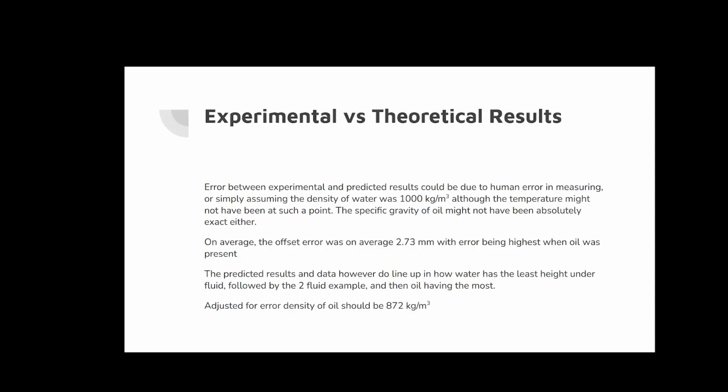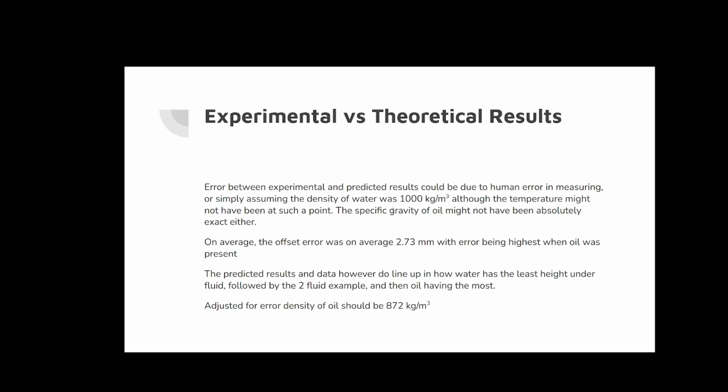Alright. So, we have a bit of error between our experimental results and predicted results. This could be due to human error. As I was measuring it, I might not have lined it up perfectly down to the millimeter, or it could have been assuming that the density of water was exactly 1,000 kilograms per cubic meter, because as temperature varies, the density of water also varies.